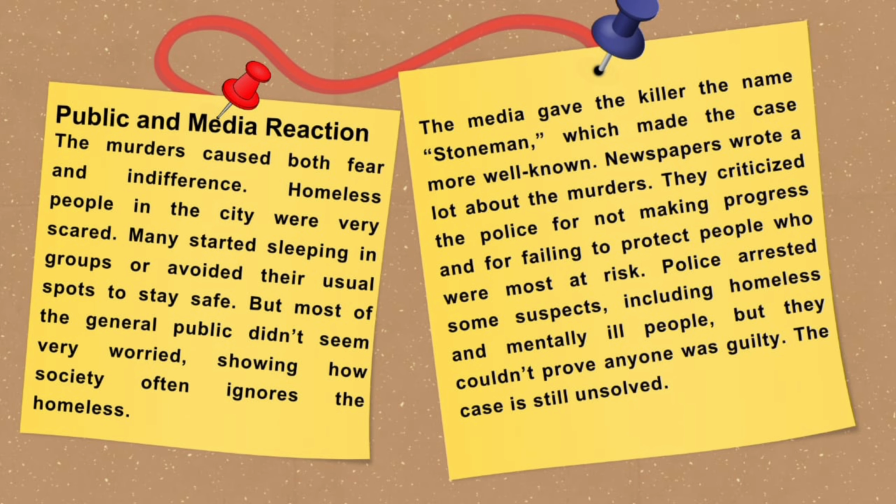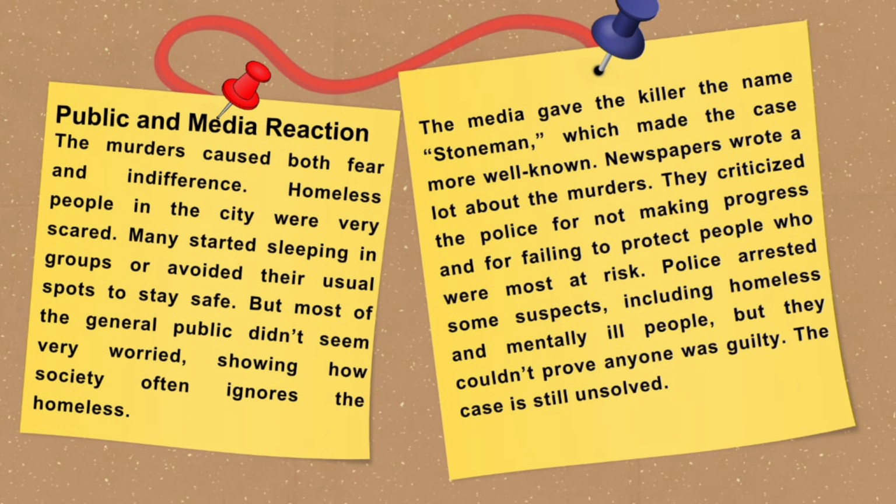The next slide is about the public and media reaction in the case. The murders caused both fear and indifference among the people in the city. Homeless people in the city were very scared, but most of the general public didn't seem very worried, showing how society often ignores the homeless.